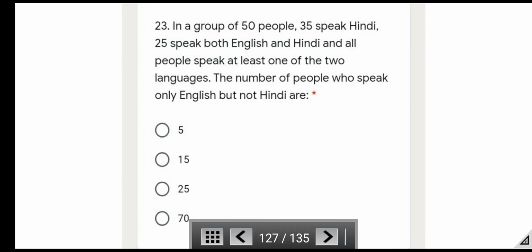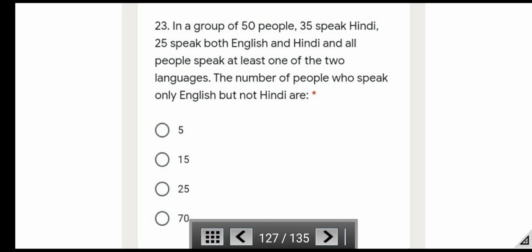Next question number 23. In a group of 50 people, 35 speak Hindi, 25 speak both English and Hindi, and all people speak at least one of the two languages. The number of people who speak only English but not Hindi are.